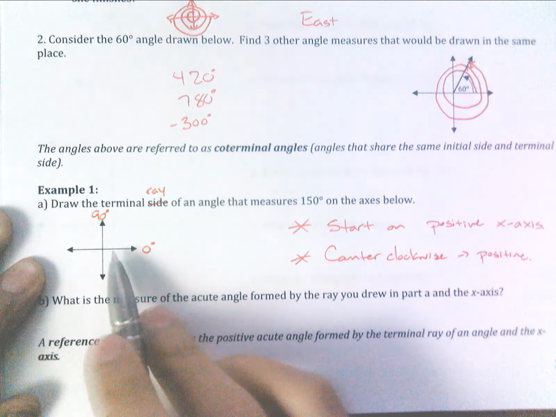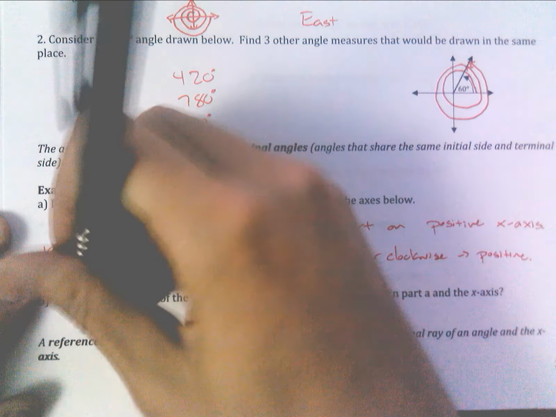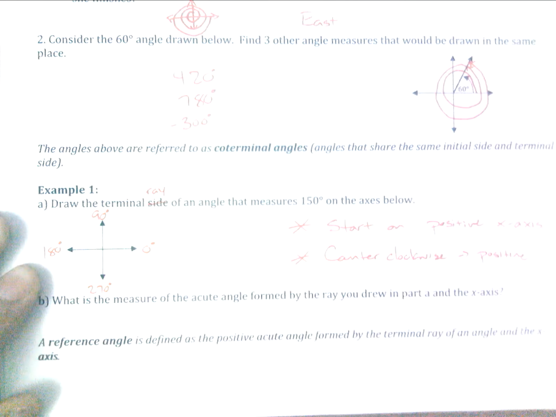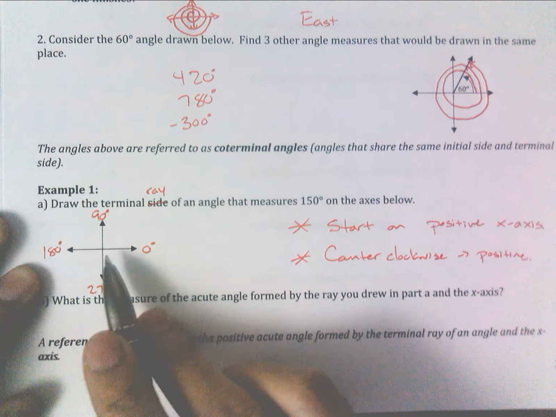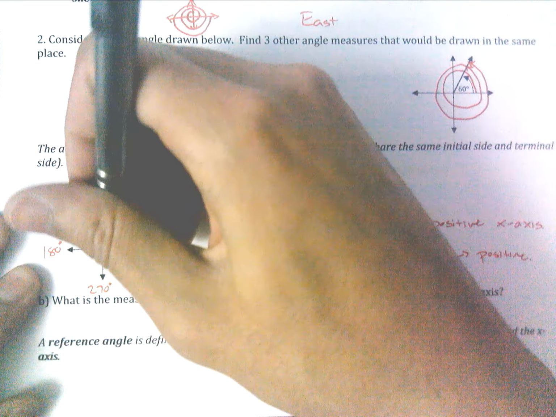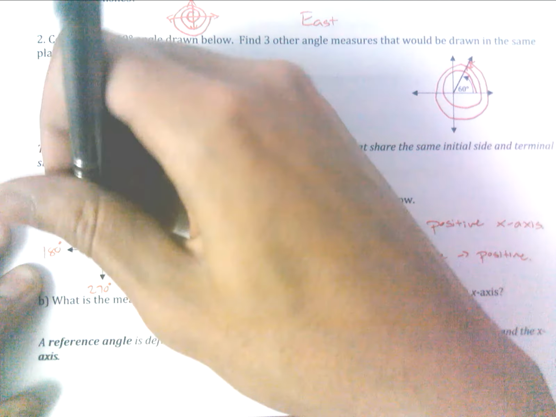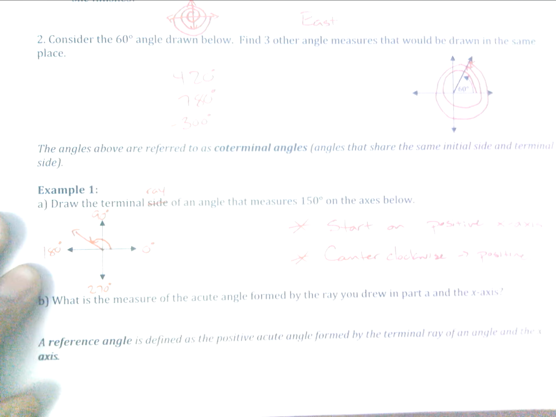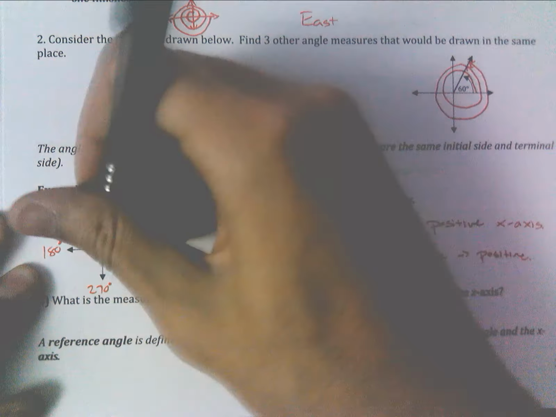All the way around, halfway around the circle is 180 degrees. 3/4 of the way around is 270 degrees. So 150 degrees from 0 is going to be past 90, not quite to 180. So you can sketch that angle, that terminal ray, to measure right around here. That's 150 degrees. Let's go ahead and label that.